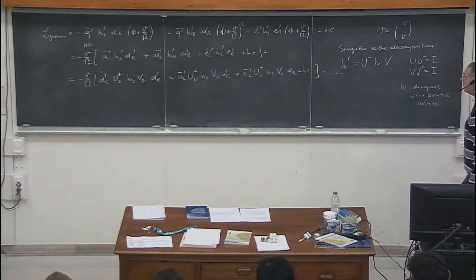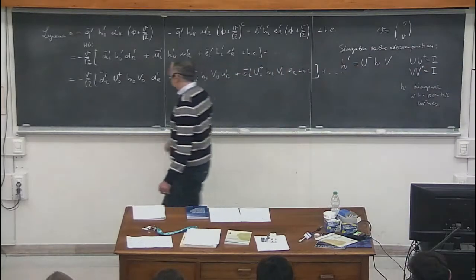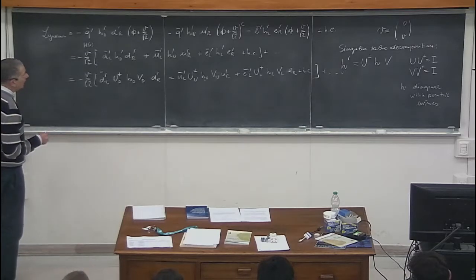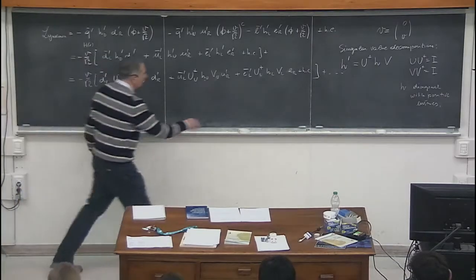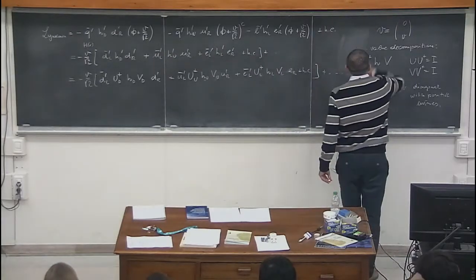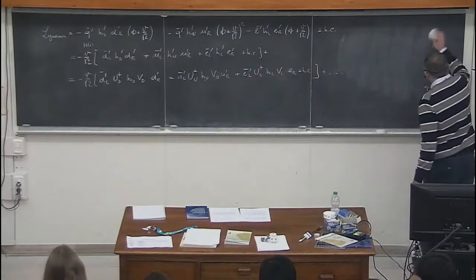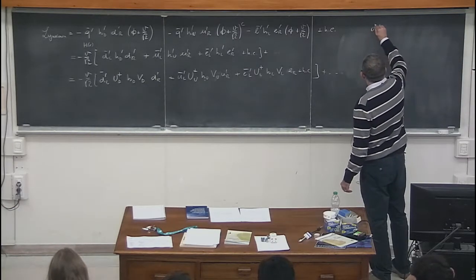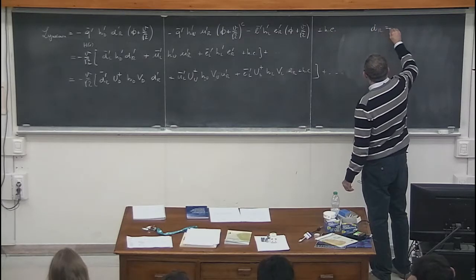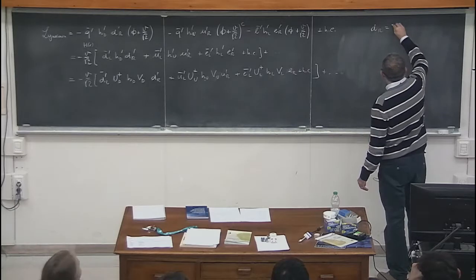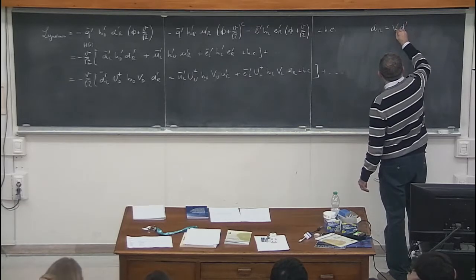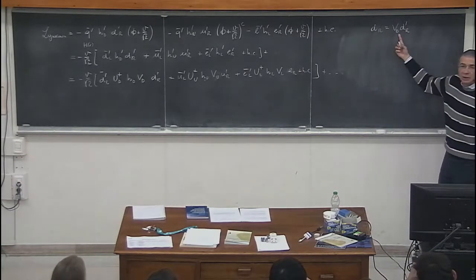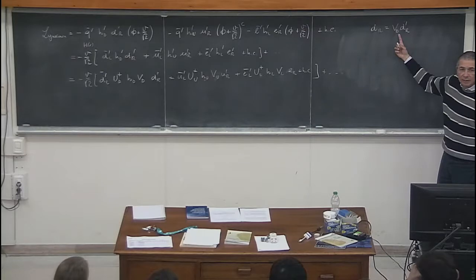So now you realize why I chose to put a prime on the fields, because now I define new fermion fields like this. I can define D R equal V D prime R. This is a unitary rotation in the space of families, of quark families.